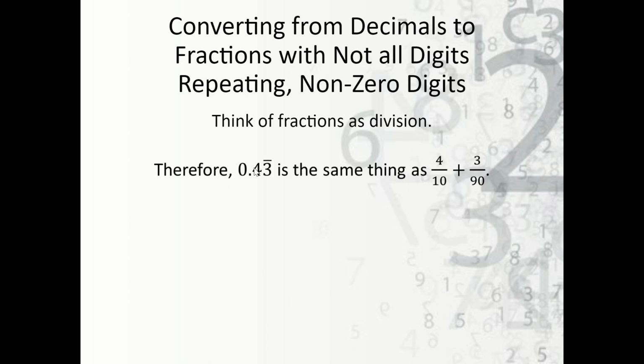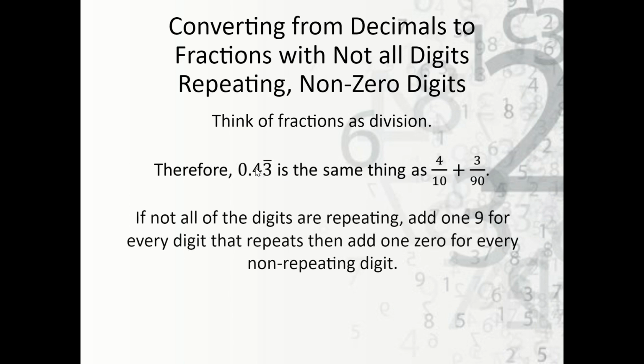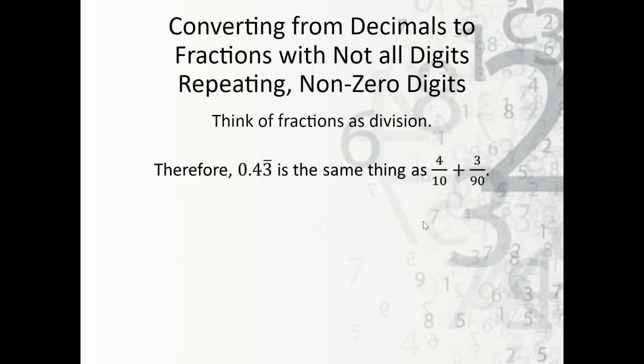Now what if this value here, the non-repeating digit, is not a 0? So we have 0.43 repeat, and I'm telling you that that's the same thing as 4 over 10 plus 3 over 90.